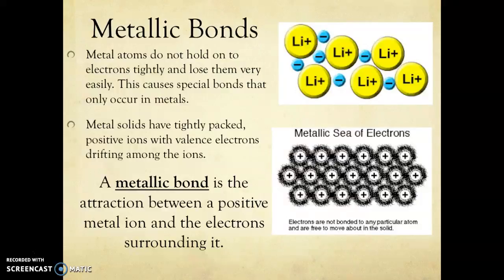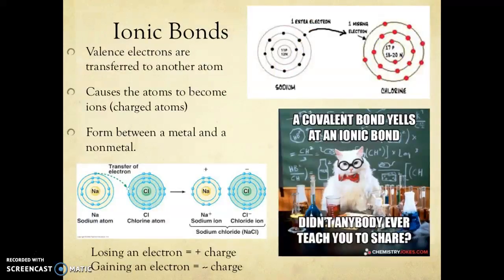So it's a very interesting thing. So basically, a metallic bond is the attraction between a positive metal ion and the electrons surrounding it. And like I said, we're going to talk about ions in just a moment. Now, ionic bonds.